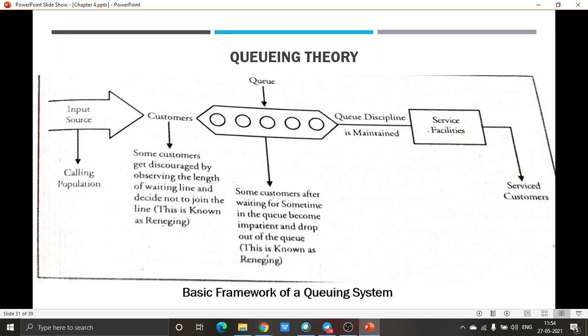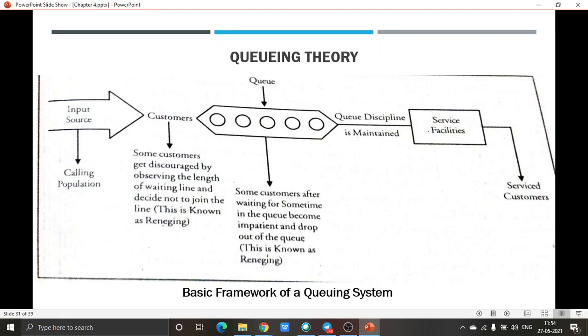That is, all the customers stay in the line until served. That is to say, customers exhibit patience till they get the desired service. And one more assumption is that the length of the queue is finite or infinite depending upon the space that is available.